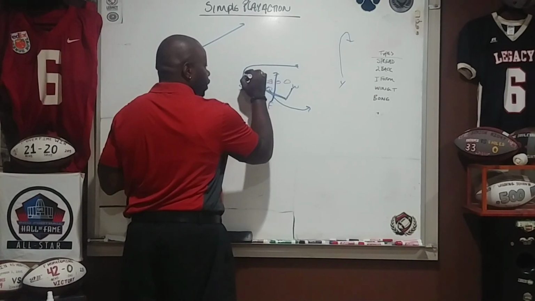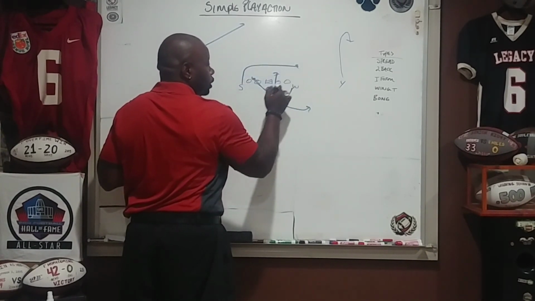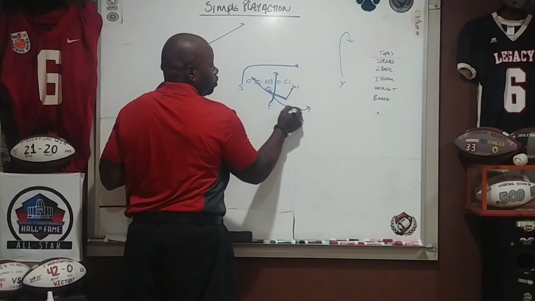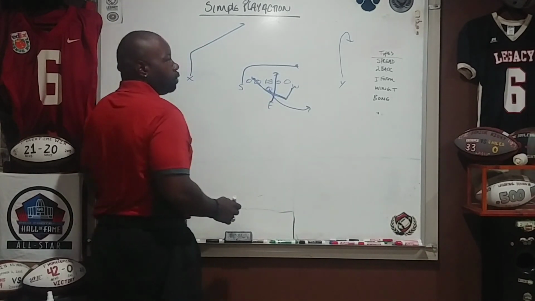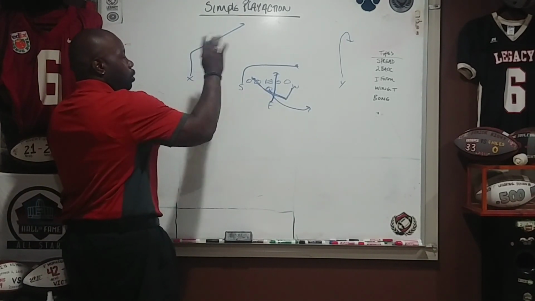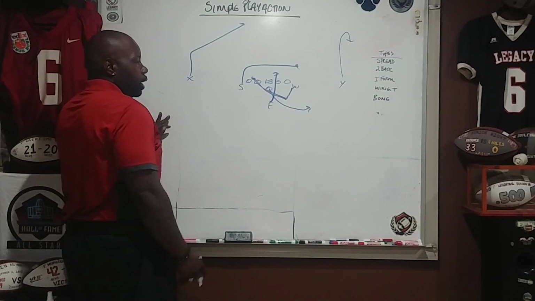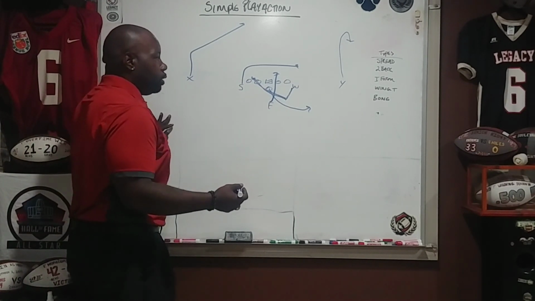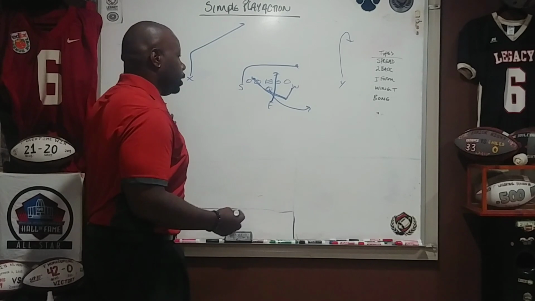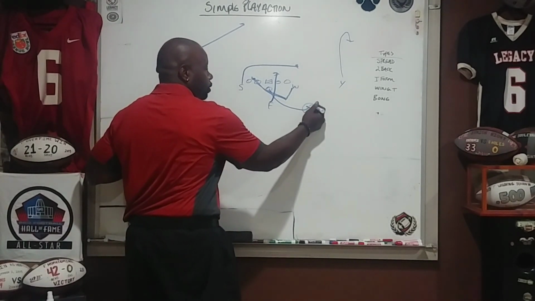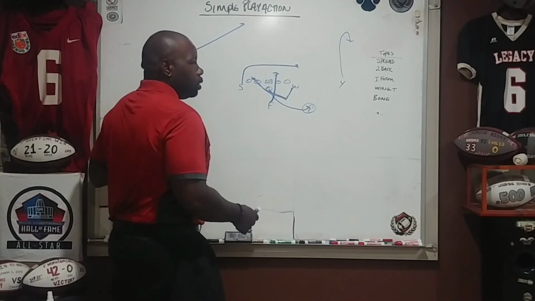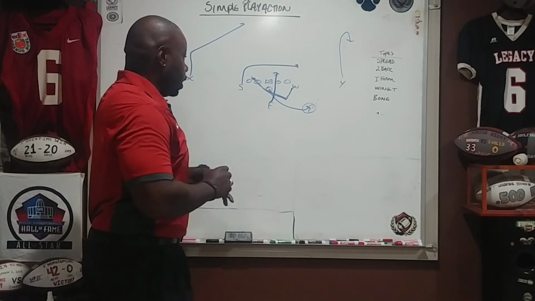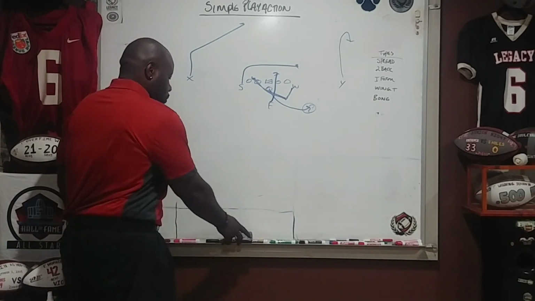We'll freeze these defenders, and we're sneaking out behind him, sneaking out behind that tight end drag. We're booting on out, running a comeback on the front side, and a post with the backside receiver. There are different things you can do out of it, but this is it. It also gives us a run pass option: the quarterback can either run it or throw it. This is out of your wing T.